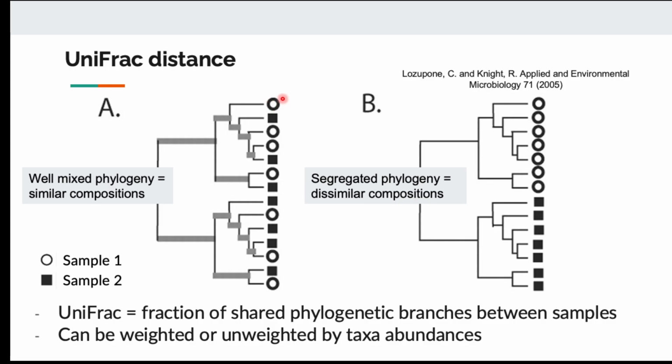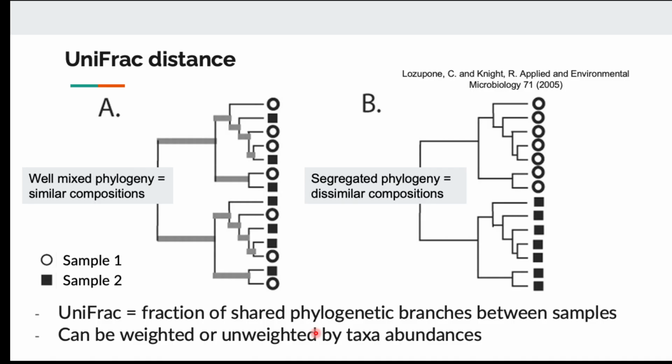So UniFrac can be modified so that each of these branches takes into account the abundance of the organisms when you calculate the similarity. If you have abundant bacteria also being the same, that's even more similar than having the same bacteria but different abundance.